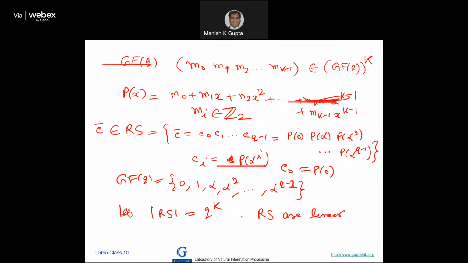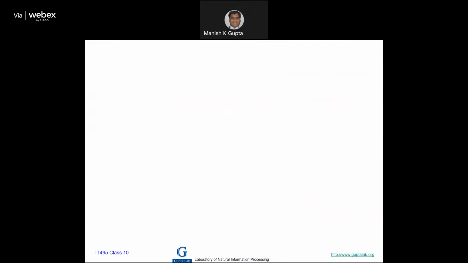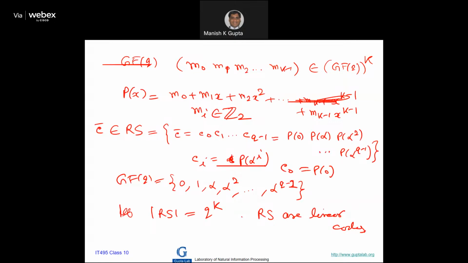I am not giving the proofs, but also the dimension of the Reed-Solomon code is K. Without proof, I am mentioning these facts. And length is what? Q, because there are Q components C0, C1 up to C_{Q-1}. So N is equal to Q. Length of each code word is Q here.